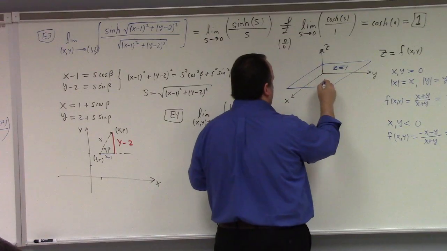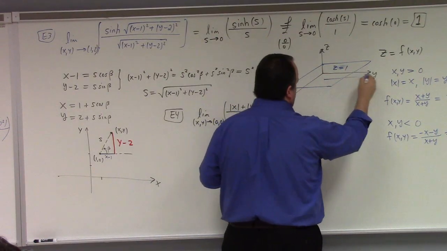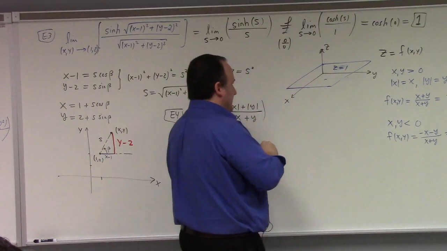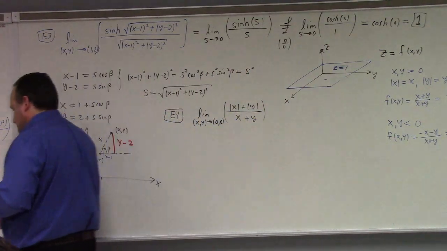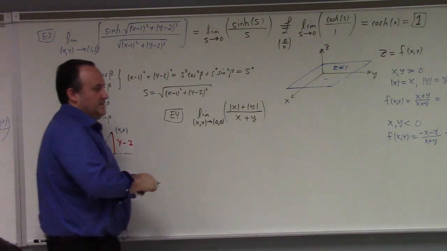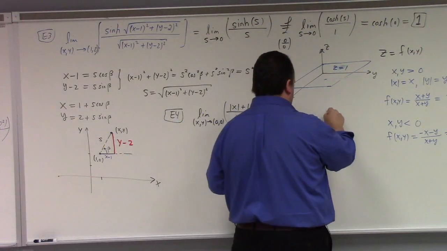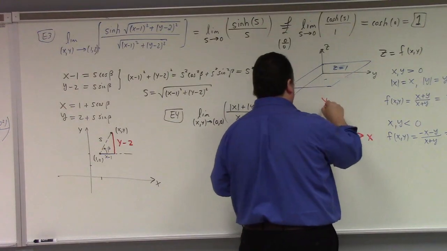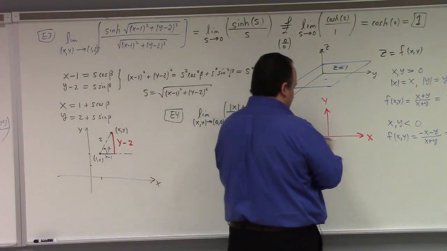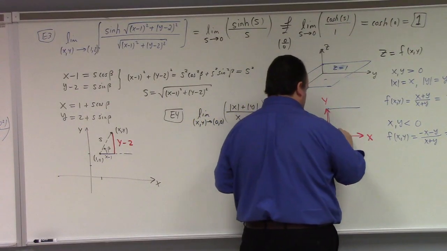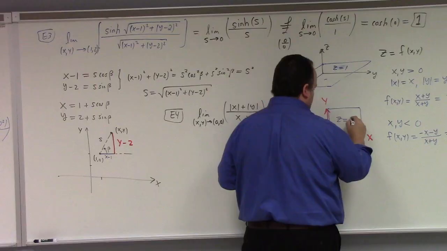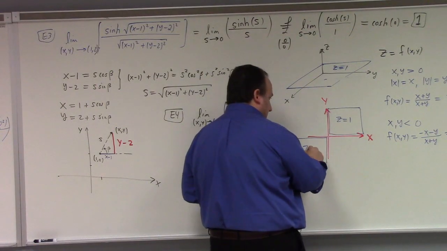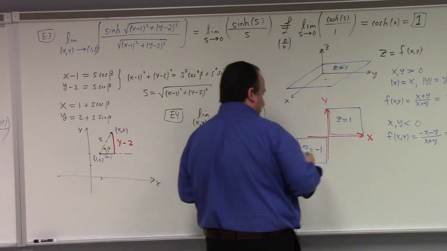Maybe it's helpful to just look at a top-down picture. Here's my y, here's my x. It's pretty clear that we've got z equals 1 here, and down here we've got z equals -1 for the graph.